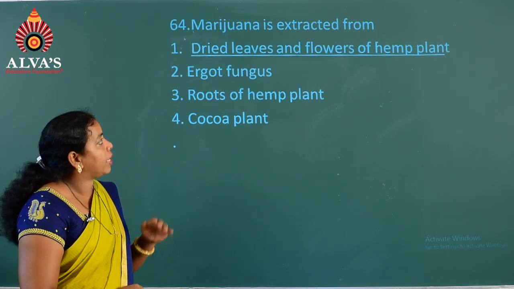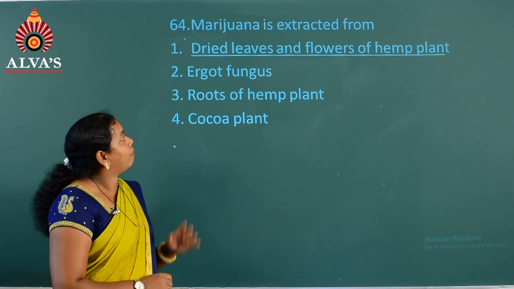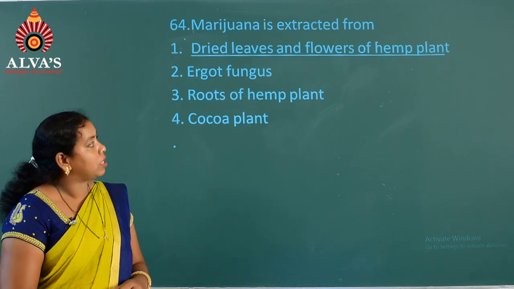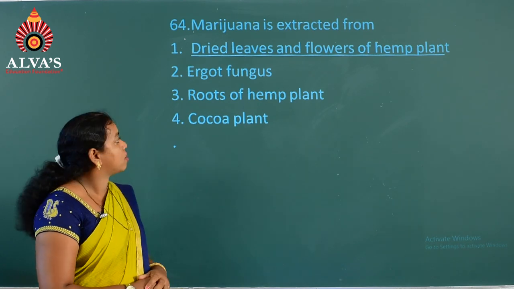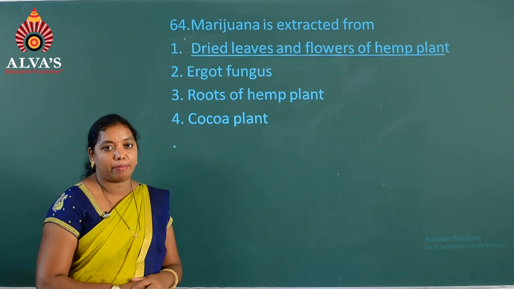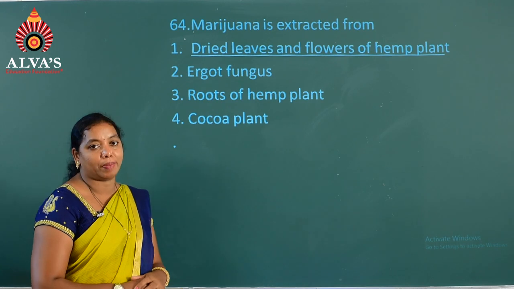Marijuana is extracted from: first, dried leaves and flowers of the hemp plant; next, ergot fungus; third, roots of the hemp plant; and fourth, cocoa plant.